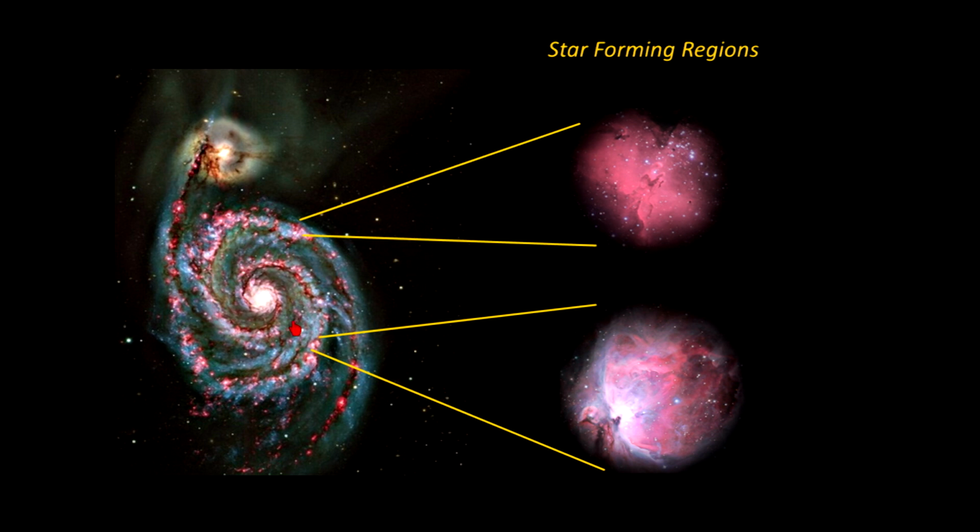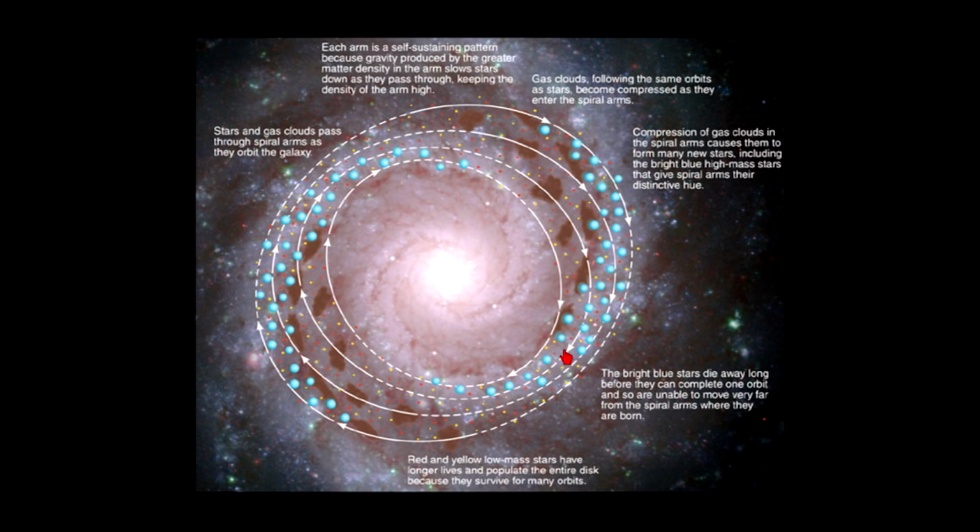So it is as if these star-forming regions are tracing out the density wave that is working its way around the galaxy. So let's kind of put all this together here. What happens is we have all of the stars of our galaxy moving around. We have all of the clouds of gas in our galaxy also moving around the galaxy.